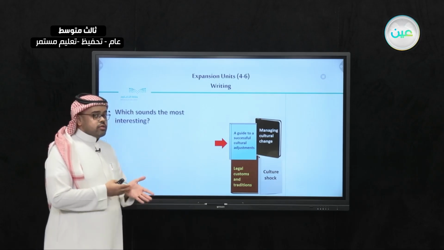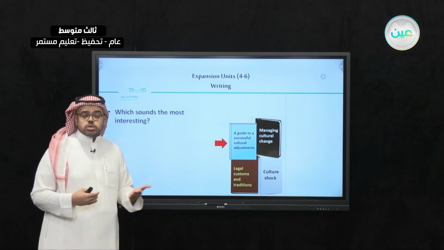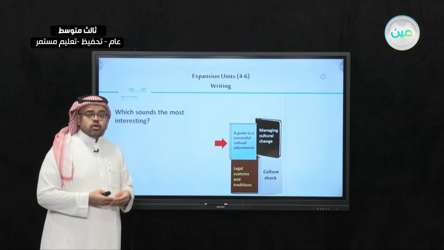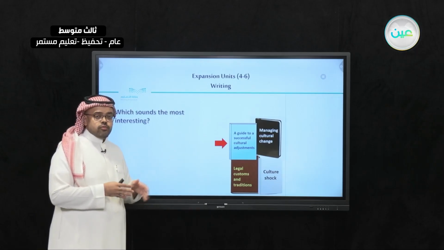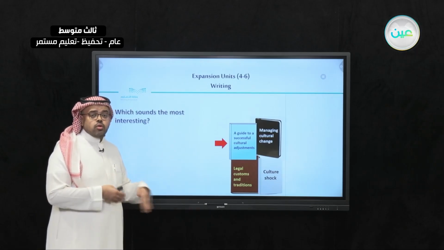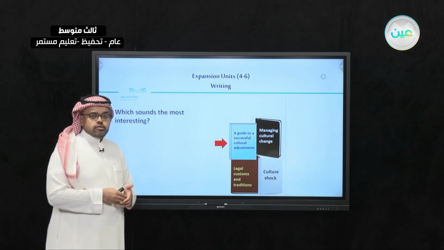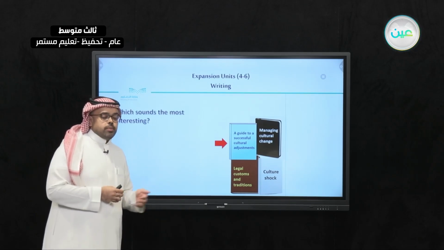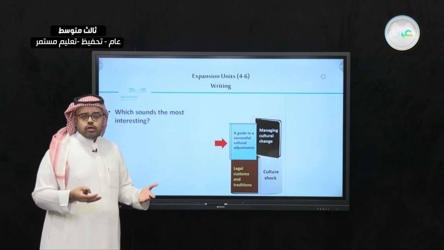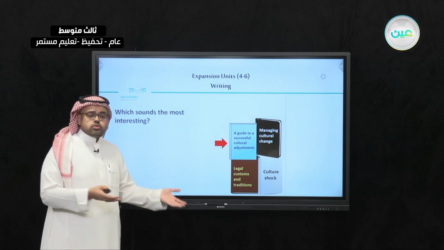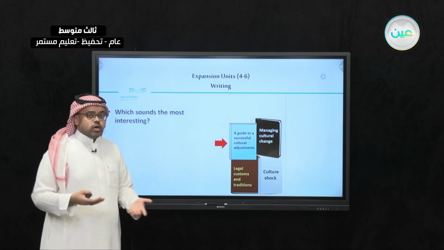So this is a book that has many instructions to tell you what to do. Do you think this type of book interests you, where it gives you some information about what you need to do in your pursuit to adjust and to adapt?